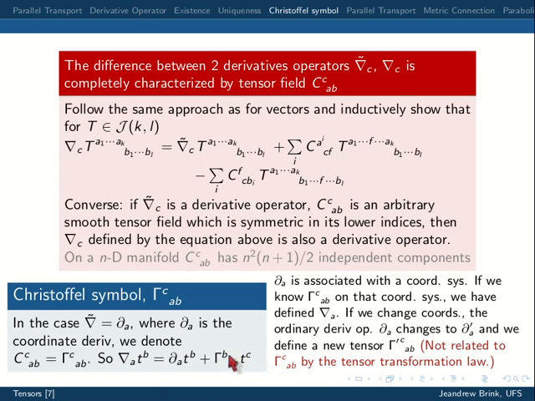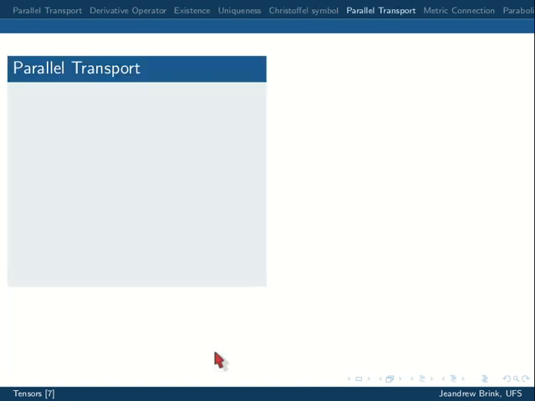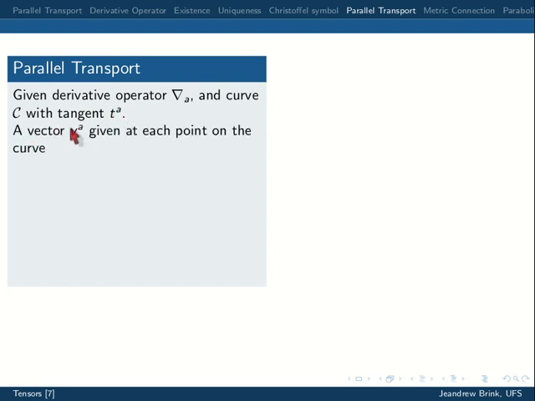Now that we have a little bit more machinery, let's go back to parallel transport. Parallel transport, in its stricter definition that we're going to use to calculate, is this: given a derivative operator and a curve C with tangent T^A, a vector V^A at each point on the curve is parallel transported along C if the derivative operator applied to V^B, dotted in with T^A, is 0.